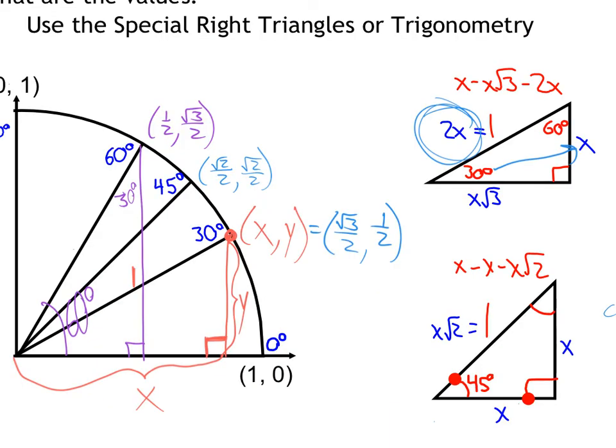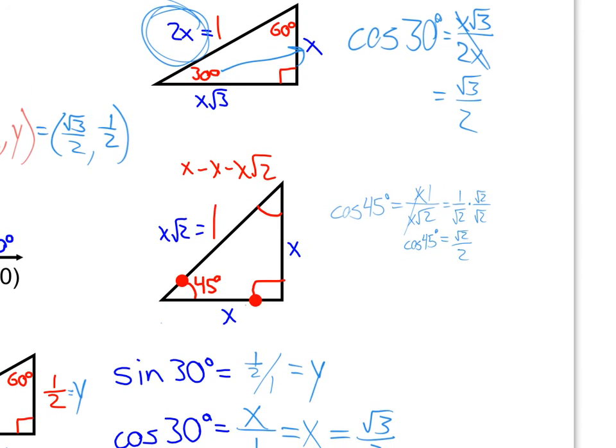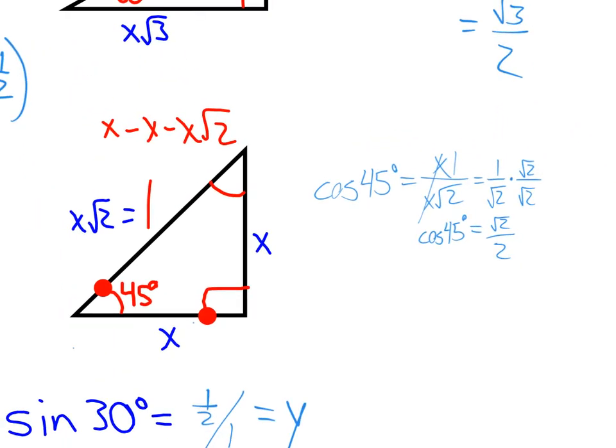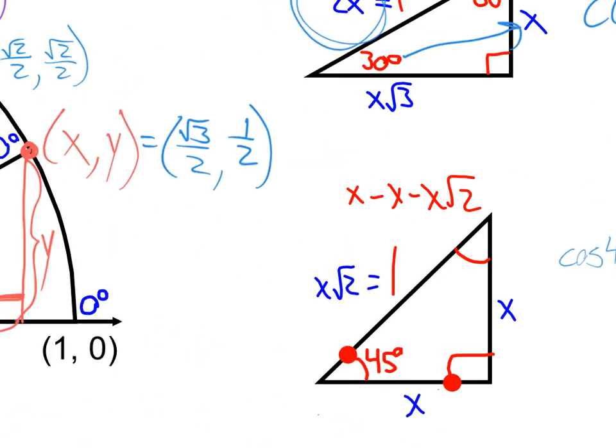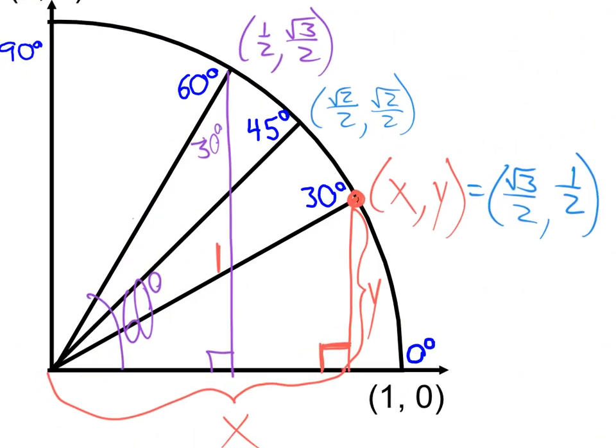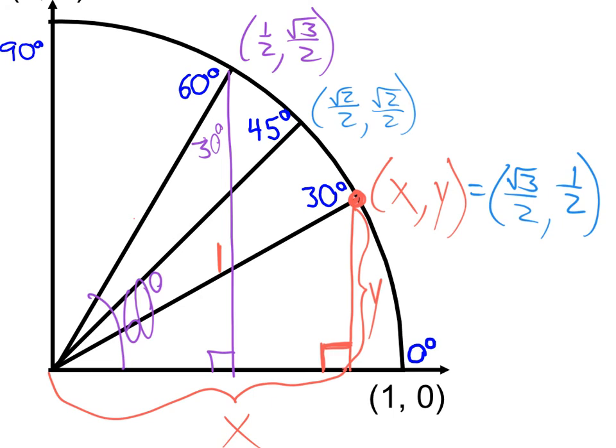So maybe last year. Once we do the 30, 60, 90 right triangle, we figure out sine and cosine, we get those two sets of coordinates. We use the 45, 45, 90 here with cosine, and we get the x coordinate, and we see that, hey, this is an isosceles triangle, the two legs are the same, so the y coordinate also has to be root 2 over 2.